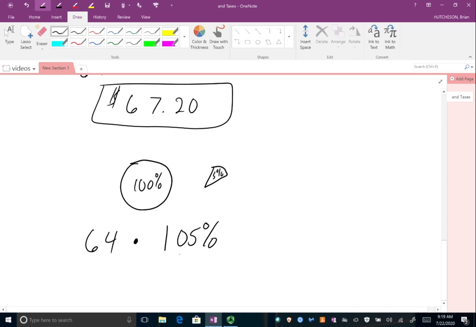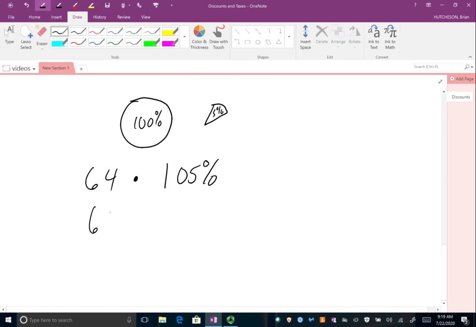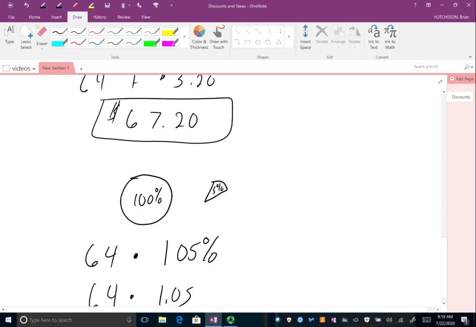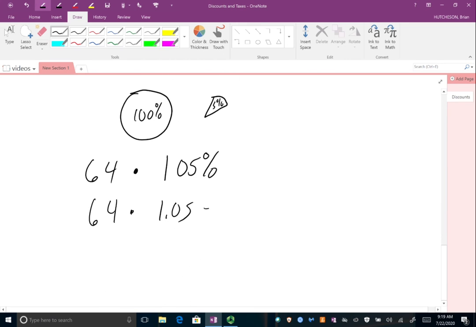I have to pay 100% on my bill and an additional 5%, which means this comes out to 64 times 1.05. And I don't know what I'm doing checking with my calculator. I'm the instructor, right? But we get the same answer. We have to get the same answer. And that just looks so cute.